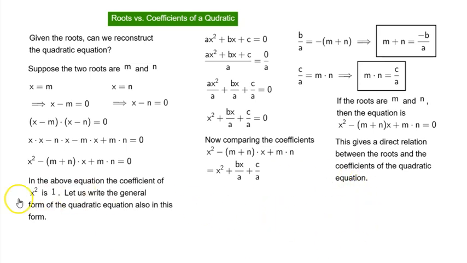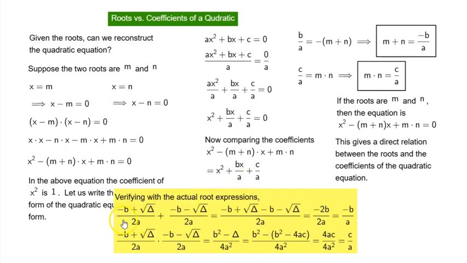Now let's verify it. How do we verify it? Let's take the actual roots based on the quadratic formula itself. Let's add the roots of the quadratic. Minus b plus square root of delta divided by 2a, plus minus b minus square root of delta by 2a. Denominators are same.